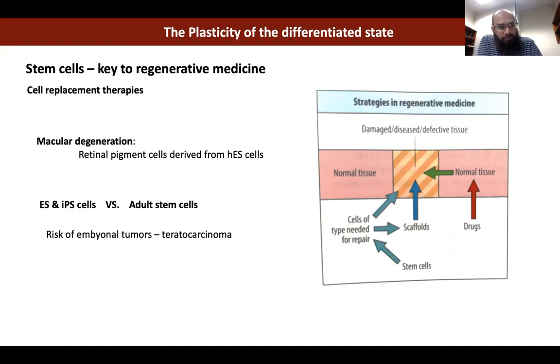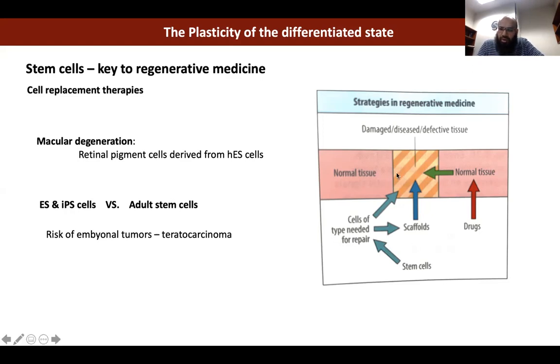All right, so we were discussing some cell replacement therapies, and the goal is to regenerate the damaged or lost tissues. In this context, we discussed how we can utilize the plasticity of the differentiated state and revert it into a previous differentiated state or undifferentiated state, and use it for therapeutic or disease studying purposes.